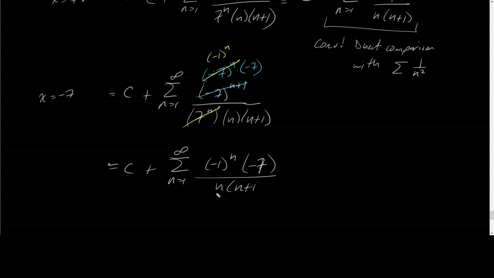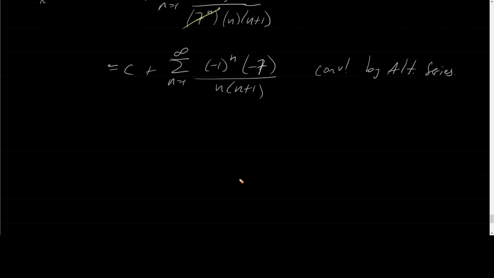Now this is an alternating series. And I'll tell you right now that this alternating series converges. So it converges by the alternating series test. Again, I'll let you work out as an exercise how this converges, but it does converge.